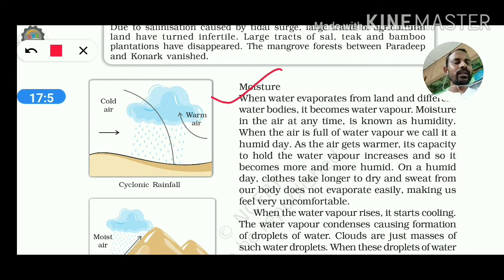So moisture is available in the form of water vapor, and it is also visible to us in the form of precipitation.